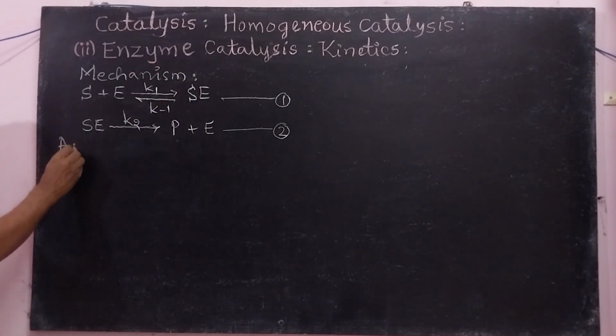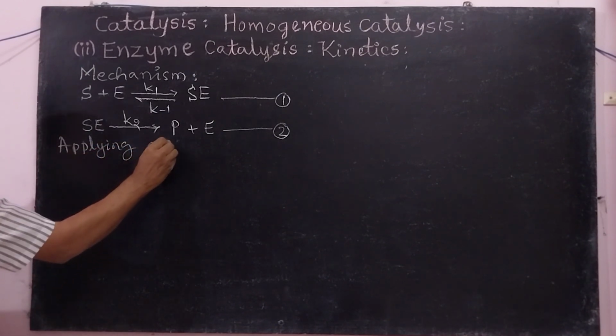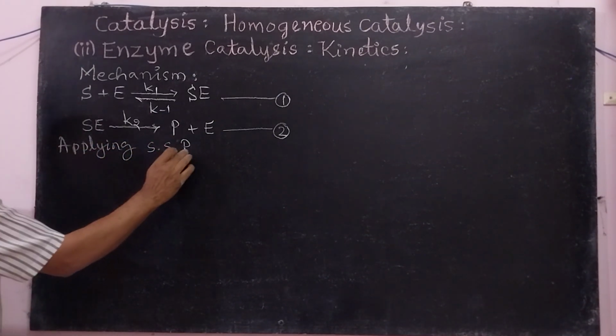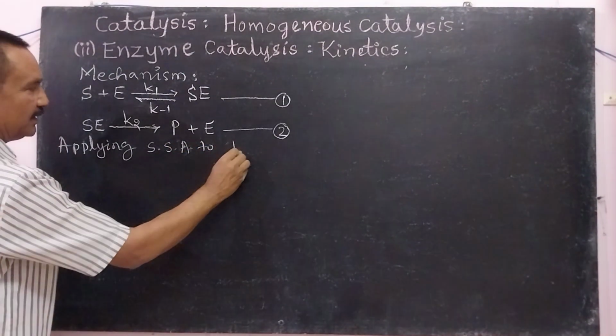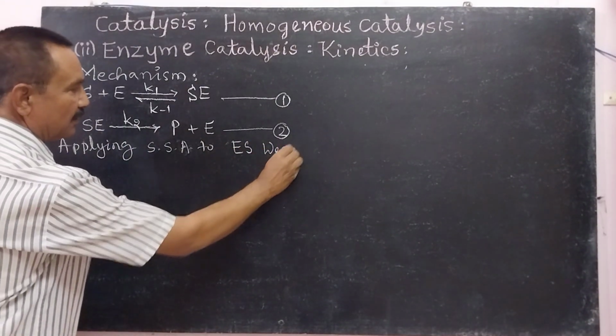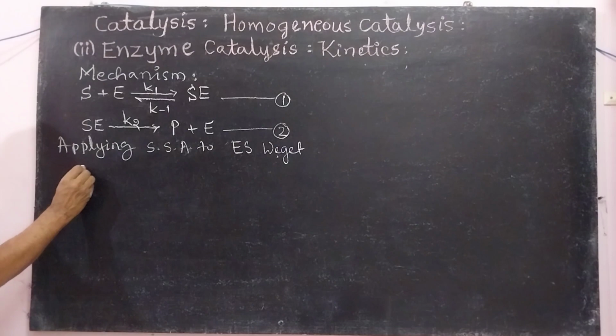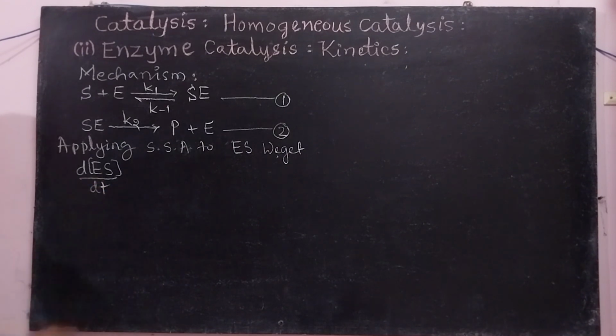Applying steady state approximation to ES, we get d[ES]/dt, that is the change in concentration of the intermediate complex ES, is taken equal to 0.